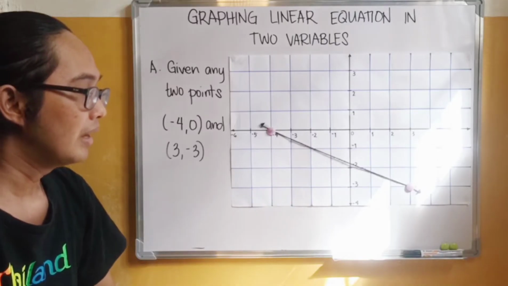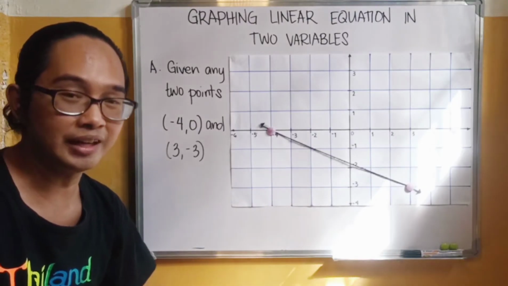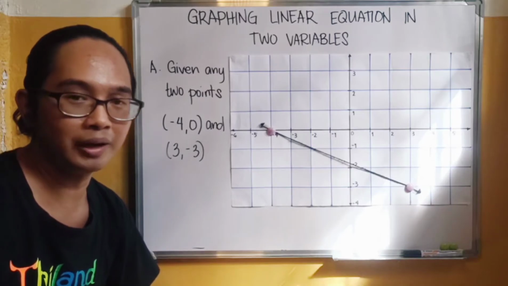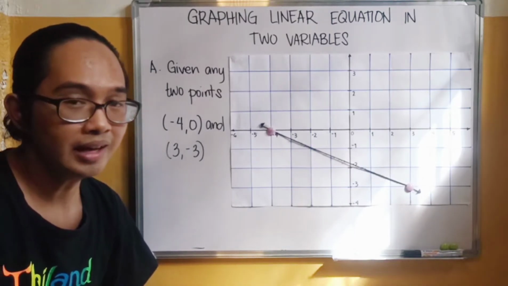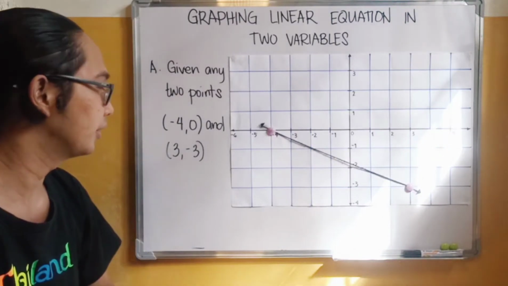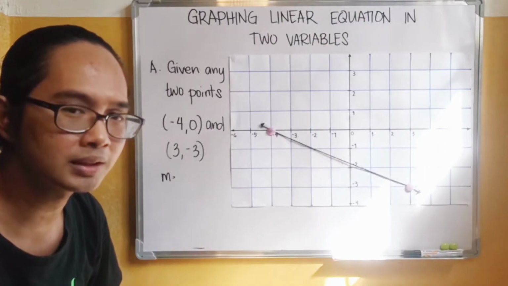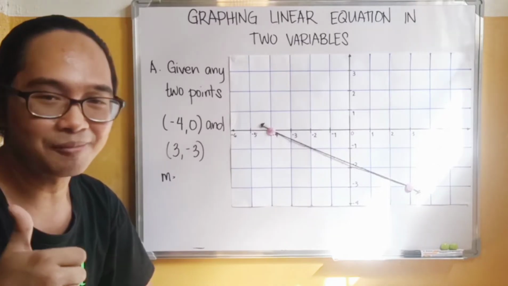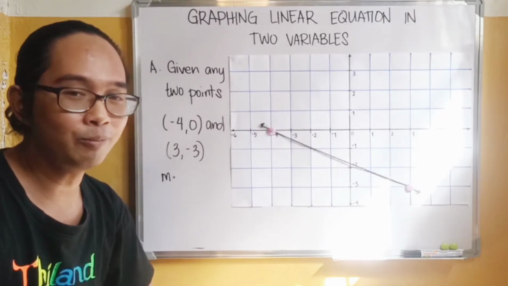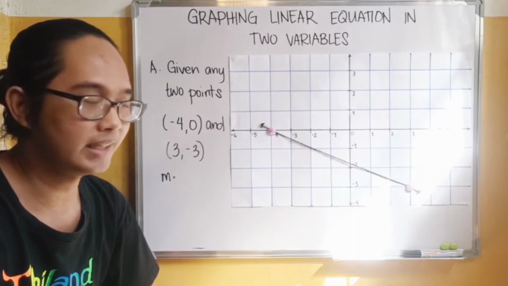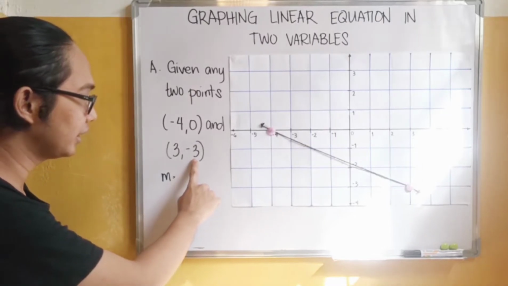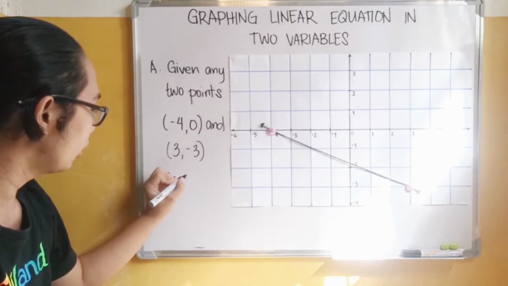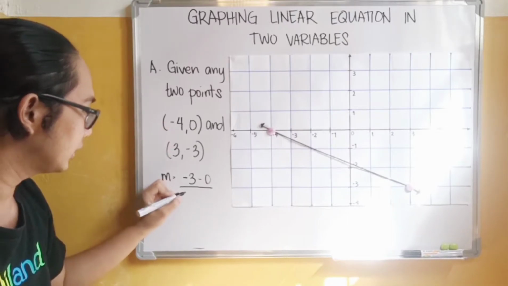Okay? So, after natin ma-graph ang ating given, we are going to describe this by finding the slope and identifying its trend. Ano nga ulit ang formula natin sa pagkuha ng slope, given 2 points? Tama. Y sub 2 minus y sub 1 over x sub 2 minus x sub 1. So we have negative 3 minus 0 over 3 minus negative 4.